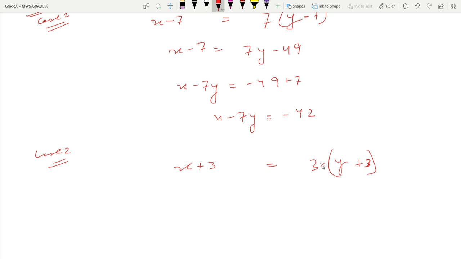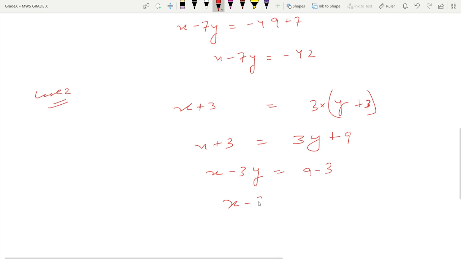So multiply the daughter's age by 3. x plus 3 is equal to 3y plus 9. Now bring this 3y to this side and take this 3 to that side. So x minus 3y is equal to 6. So this is our first equation. This is our second equation.